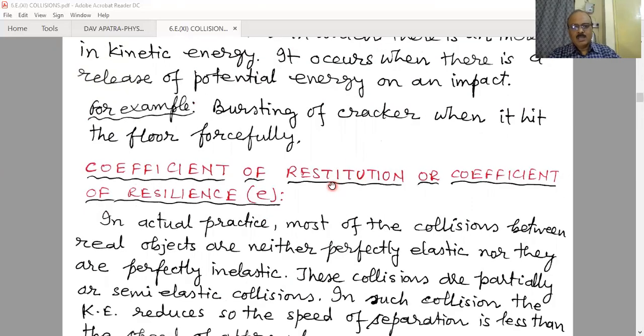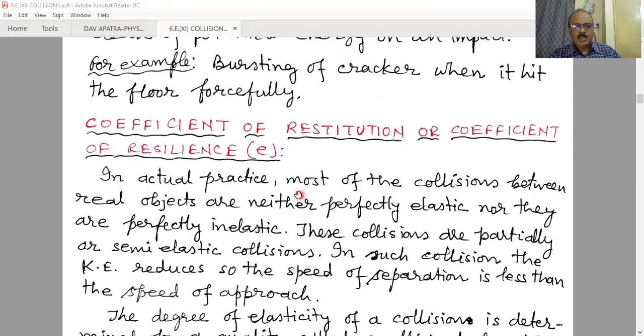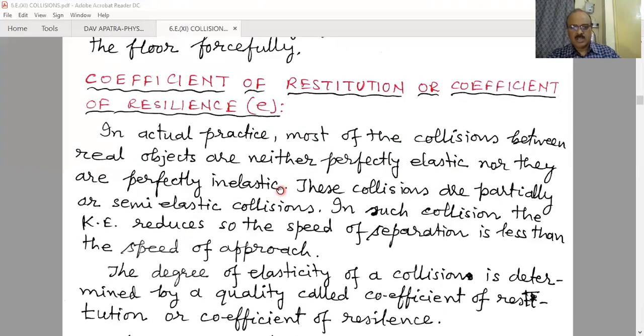Now, one very important term related to collision is the coefficient of restitution or coefficient of resilience, denoted by small e. In actual practice, most collisions between real objects are neither perfectly elastic nor perfectly inelastic.